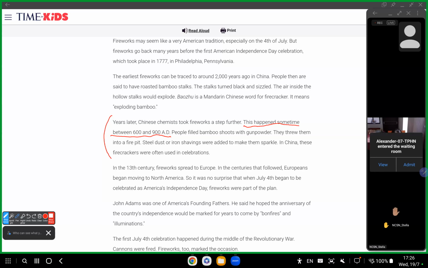Stella. I see at the end they said in China these firecrackers were often used in celebrations. Very good. Another fact. They're telling us what these new firecrackers were used for. Bo, how about you?